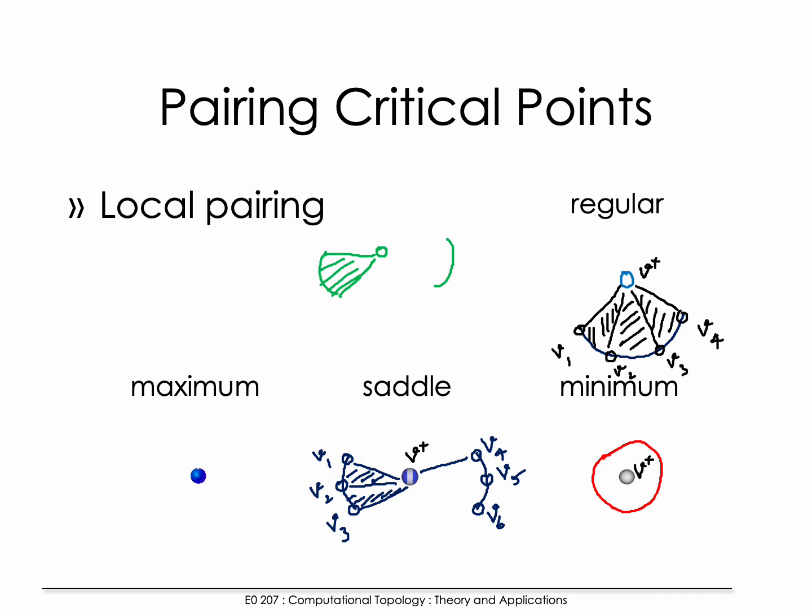Now, if the two lower stars, or the two lower links actually, are connected outside of the saddle, then inserting the edge VV4 creates a cycle. So it's a creator, right?